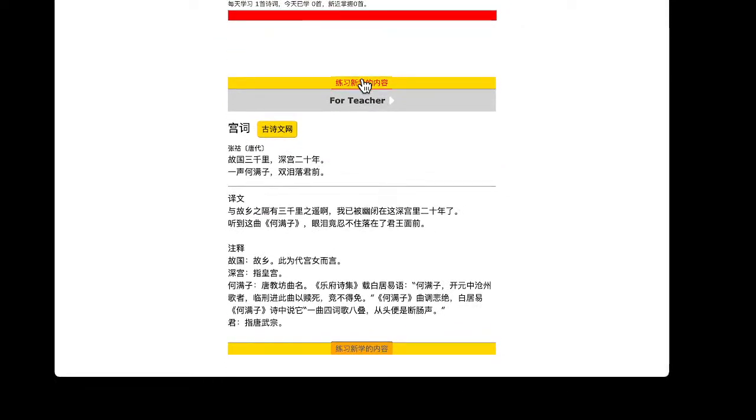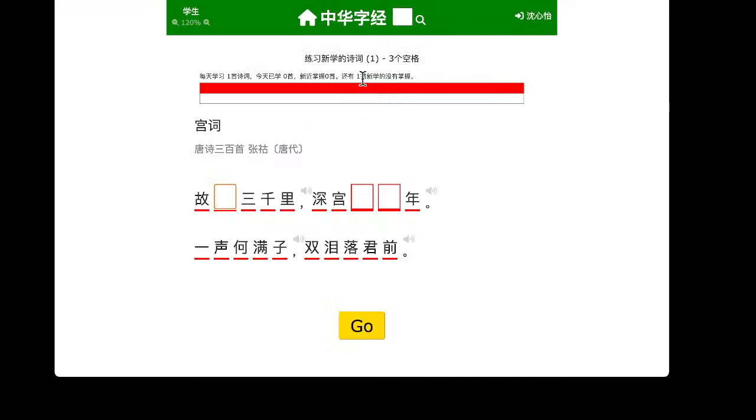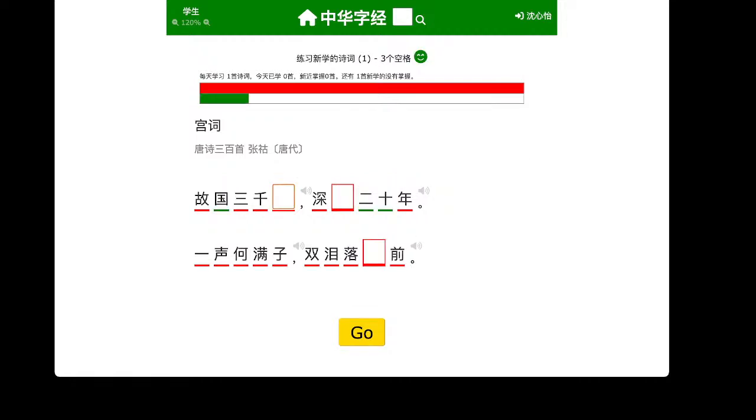Should try it anyways. Fill in 3 blanks. Okay, I guess this is also a fill in the blank exercise. I don't like this, to be honest.